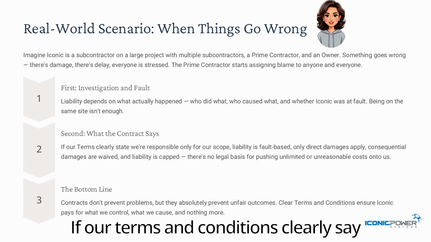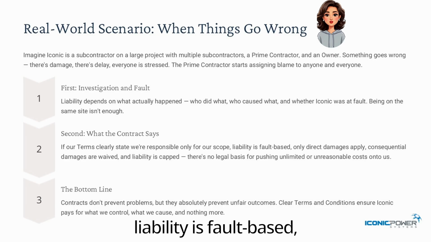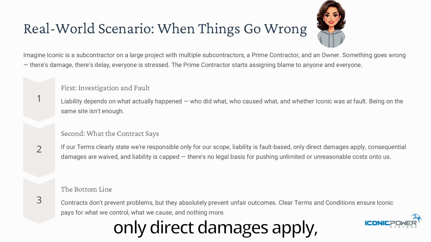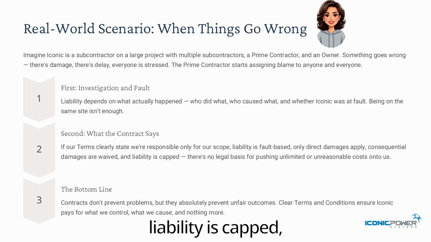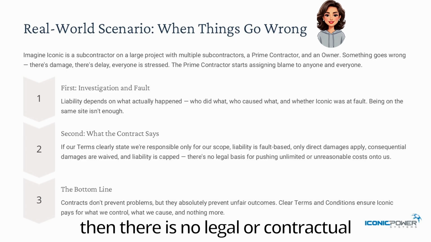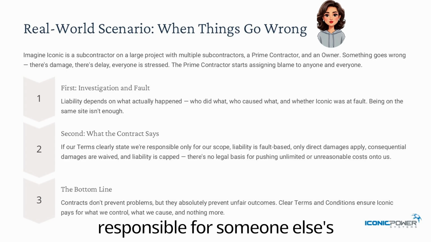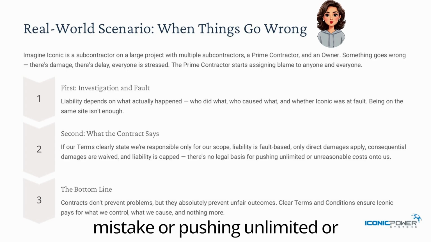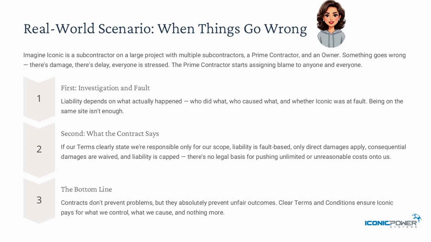If our terms and conditions clearly say we are responsible only for our scope, liability is fault based, only direct damages apply, consequential damages are waived, and liability is capped, then there is no legal or contractual basis for making Iconic responsible for someone else's mistake or pushing unlimited or unreasonable costs onto us.